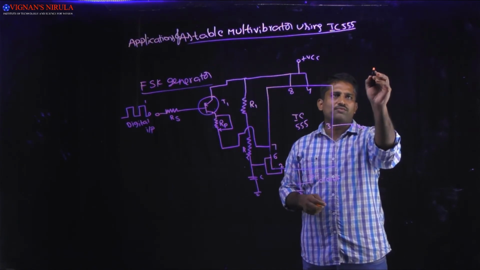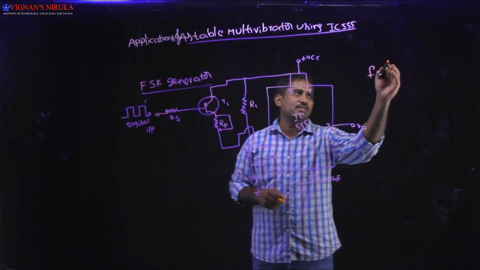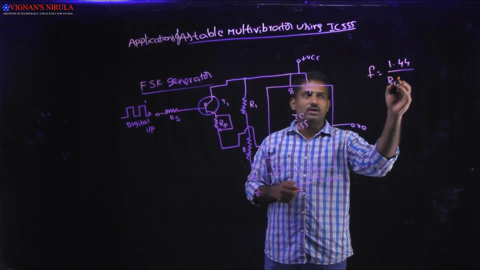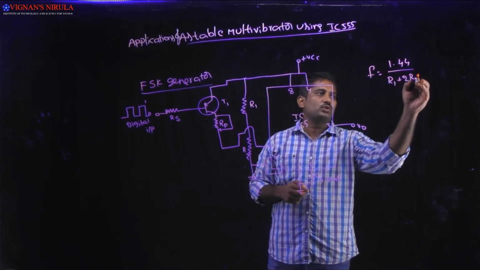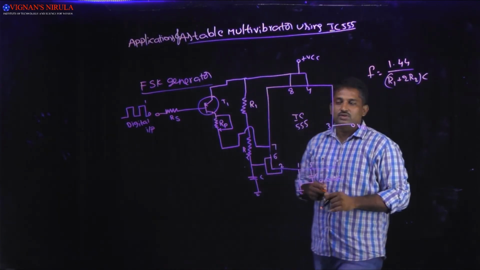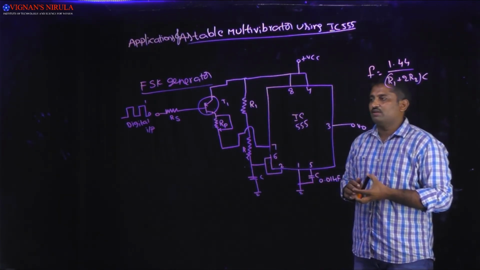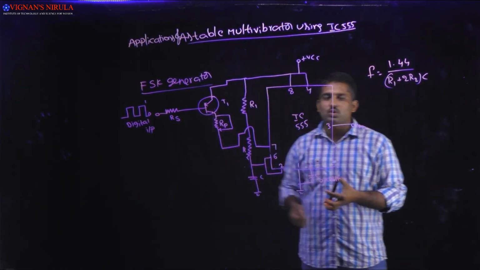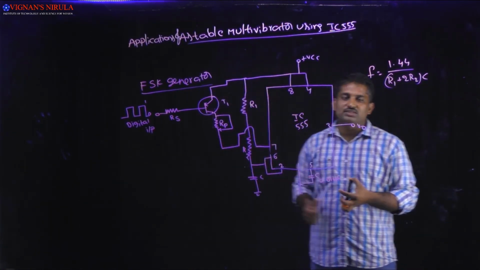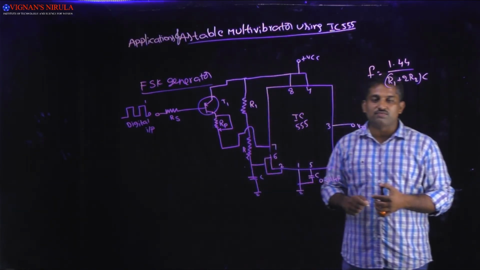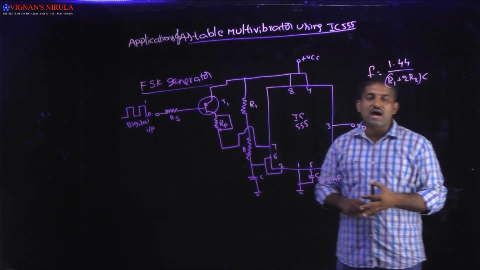So the total frequency F will be represented as 1.44 divided by (R1 + 2R2) times C. Okay. If the input signal is low level, what happens? If it is low level, then the transistor T1 is on. Then this RP resistor becomes parallel to R1.